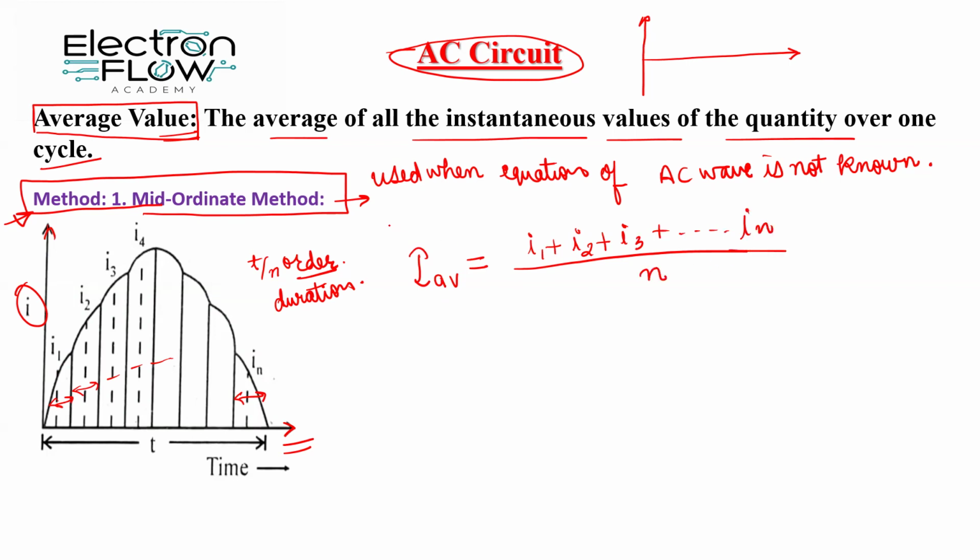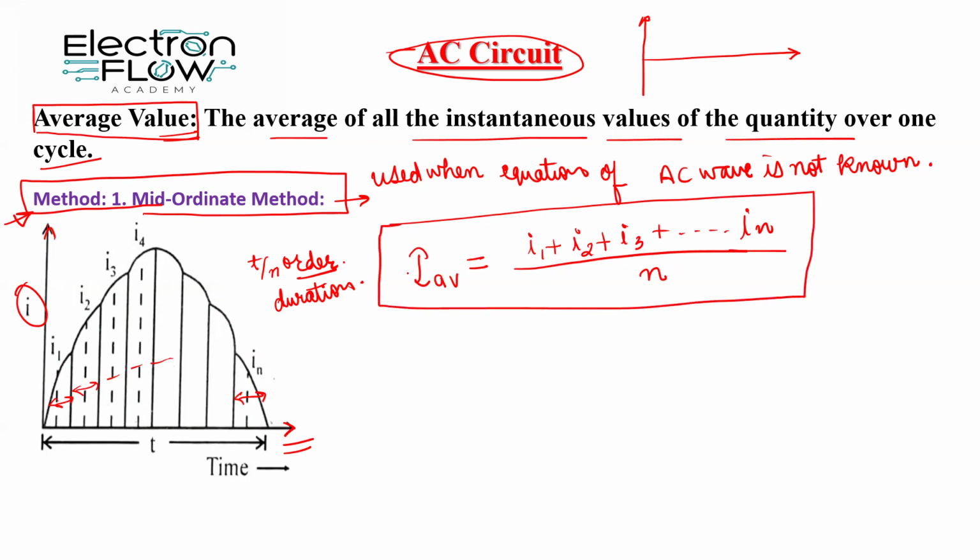This is the main equation which gives us the average value. Here we are doing the algebraic sum of all the instantaneous values.